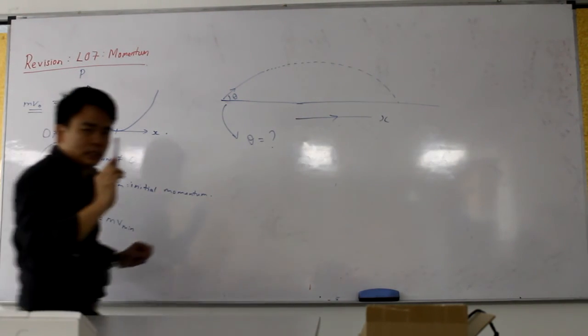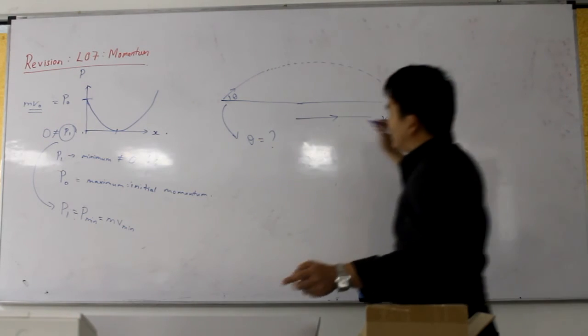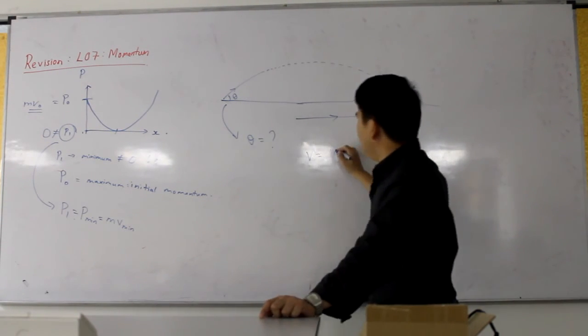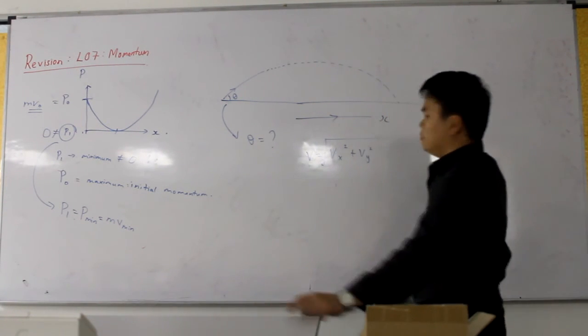Then the next question is, what is v minimum? For a projectile, you should know that all the time, v squared is vx squared plus vy squared.